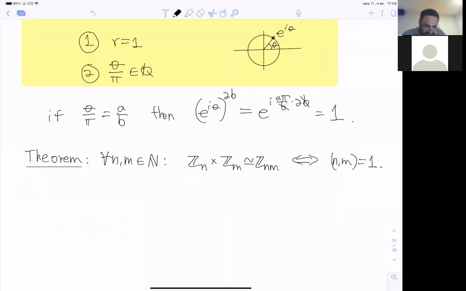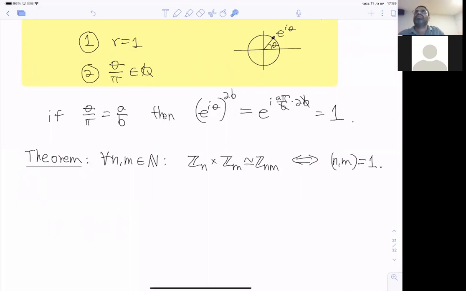Now we have seen this direction, from right to left. You remember we have proved it by the Chinese remainder theorem.